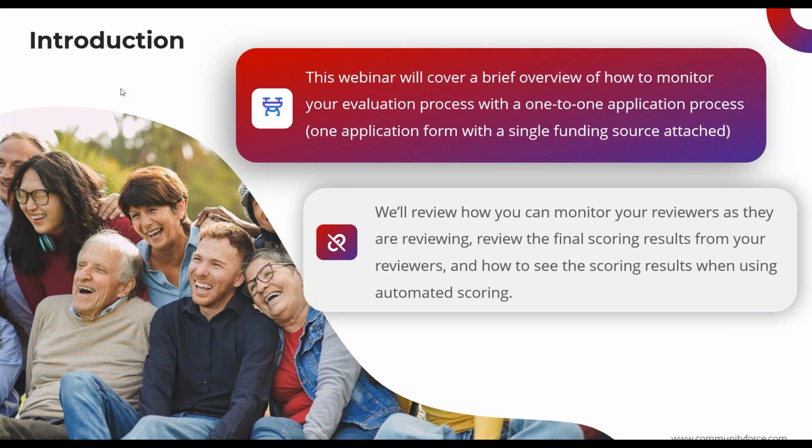Now we're going to discuss how you see what's happening with that review, where your reviewers are in the process, as well as how to see the final results. That will help you see the final scoring results. We'll also go over the automated scoring, and how you'll be able to see the results for that if you're using automated scoring.